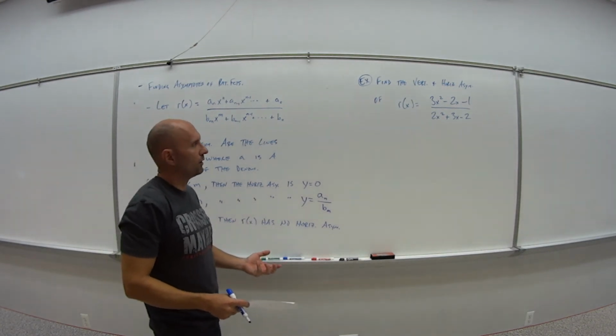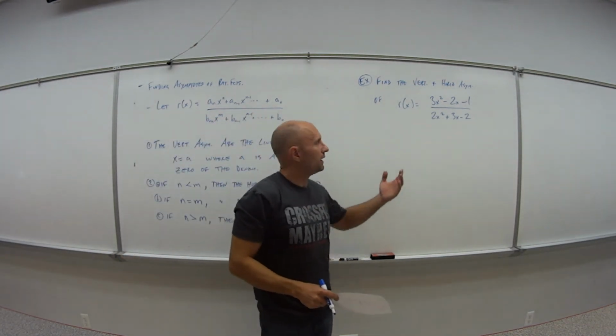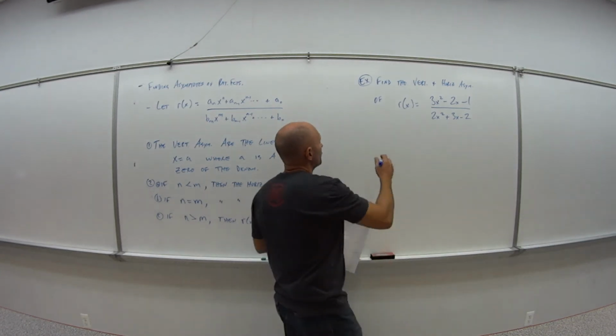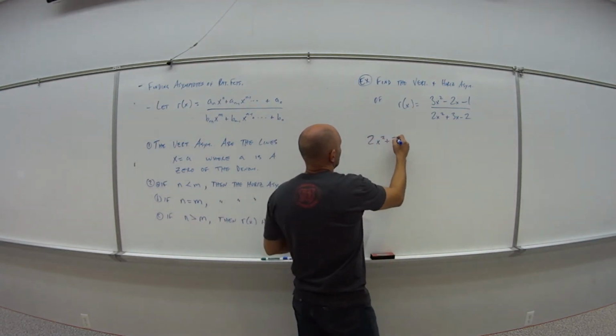So, vertical ones. We do what? We want to know where the denominator is equal to 0. So I'm just going to set that equal to 0.